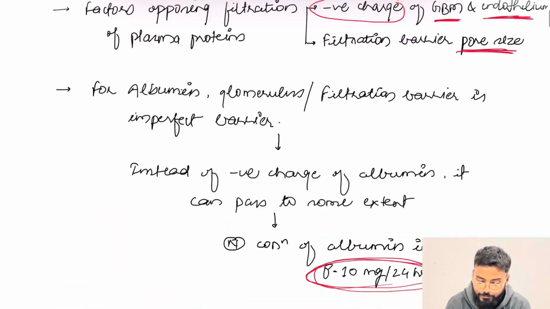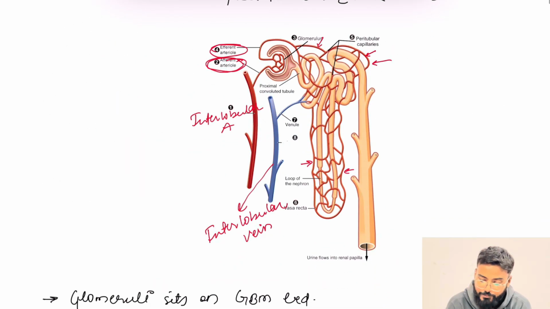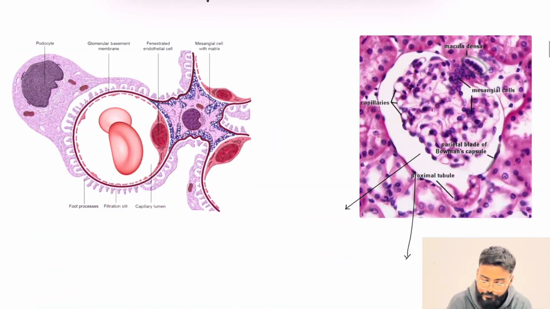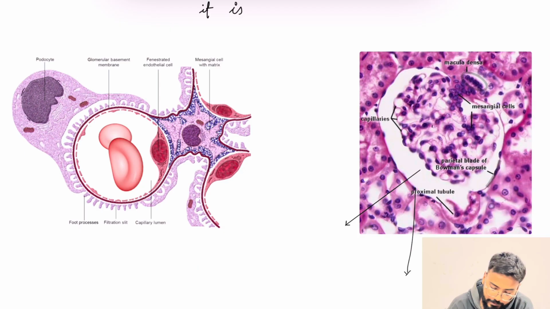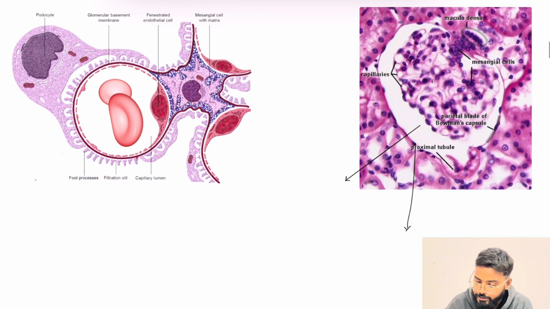Now you see here, this is your Bowman space, and this, sorry, not this one, this is your capillary. You can see here, this is your Bowman space.